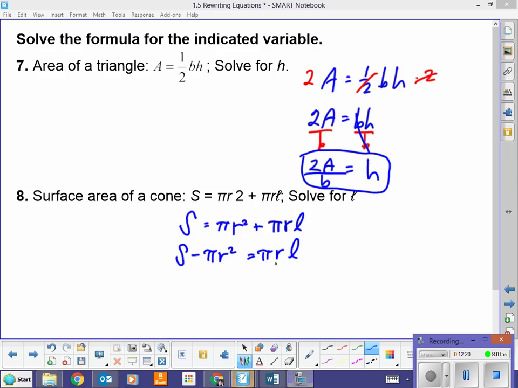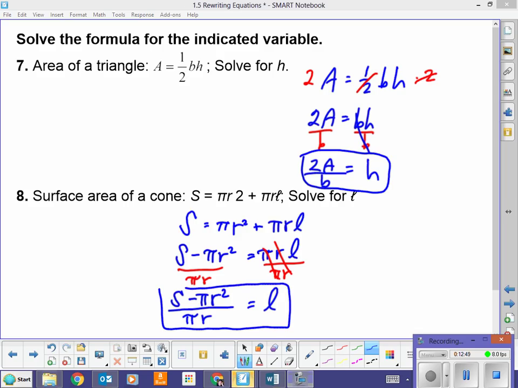And then, remember, this is all multiplying, so I divide both sides by pi r. So these cancel, leaving L on the right, and then I have surface area minus pi r squared, divided by pi times r. That's that one.